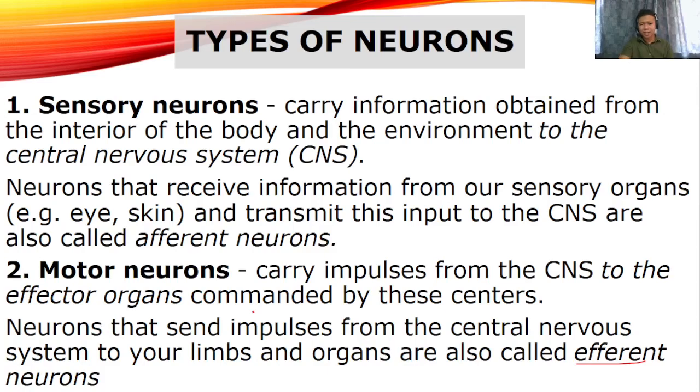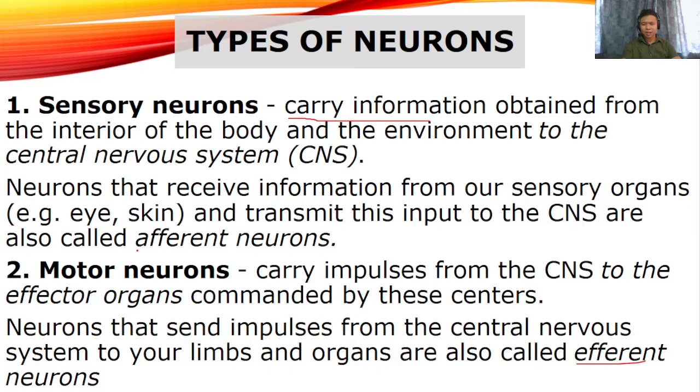Moving forward, there are different types of neurons. We have the sensory neurons and the motor neurons. Sensory neurons carry information obtained from the interior of the body and the environment to the central nervous system.